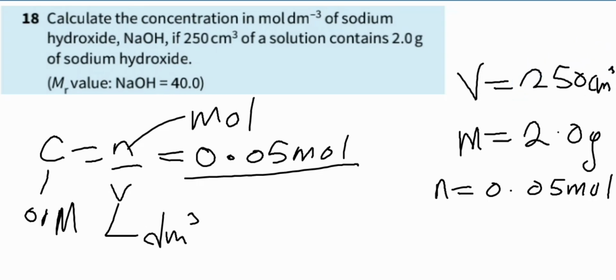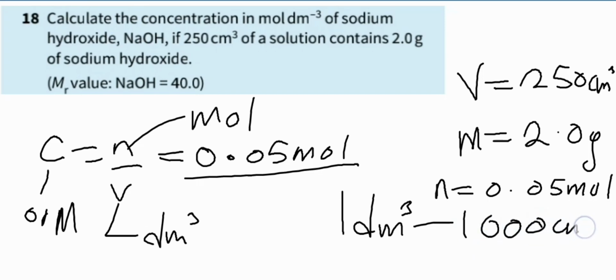So what you need to know is that 1 decimeter cubic is equivalent to 1000 centimeters cubic of volume. Which means for us to convert 250 centimeters cubic into decimeters cubic, we are going to divide the volume by 1000.